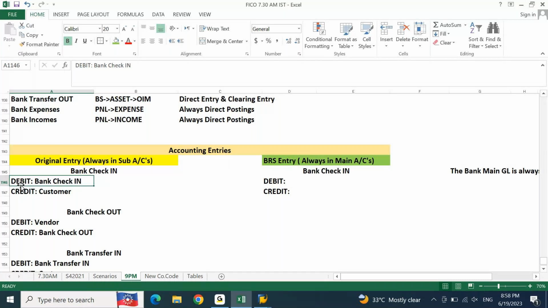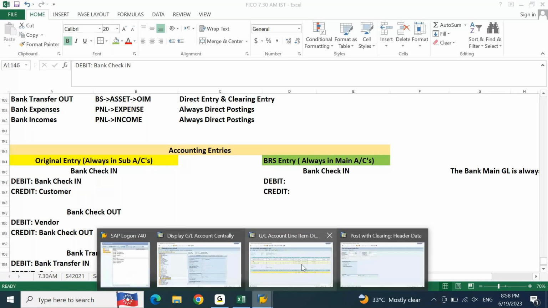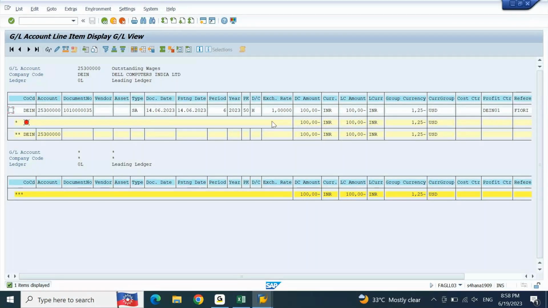To move the amount to the main account, you need to do a transfer posting from incoming to main account. Now, whenever you do a clearing, if your original entry has a credit side, you will put the posting key credit only while passing the clearing entry.